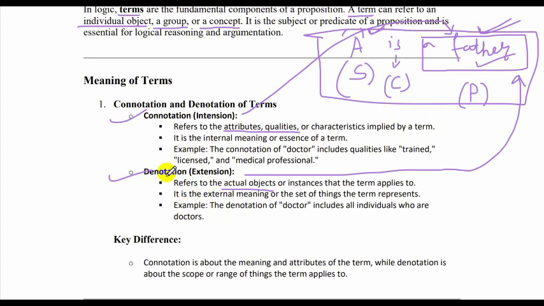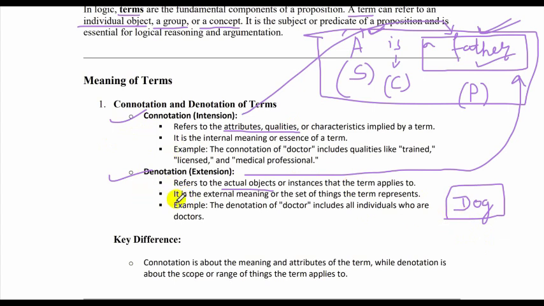Now, another example of denotation would be, say, a dog. Dog is an actual object or an entity or a term. What is the connotation of dog? Dog is loyal. Dog has four legs, and barks. So these are all its qualities or its characteristics or its attributes. It's an animal, and so on.